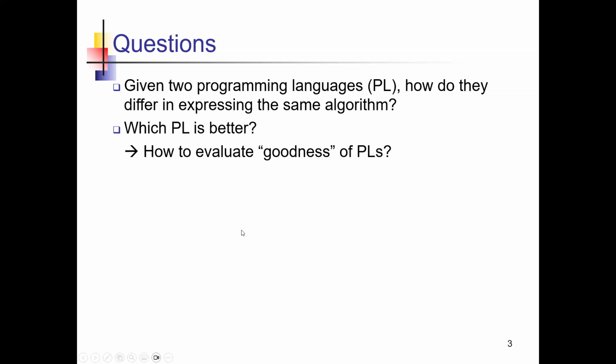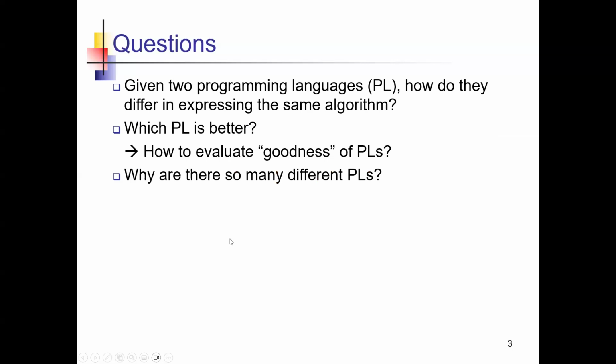In our course textbook, chapter 1, we are going to discuss the criteria we normally use to evaluate a programming language, such as reliability, robustness, writability, etc. Again, we're going to discuss that in detail.